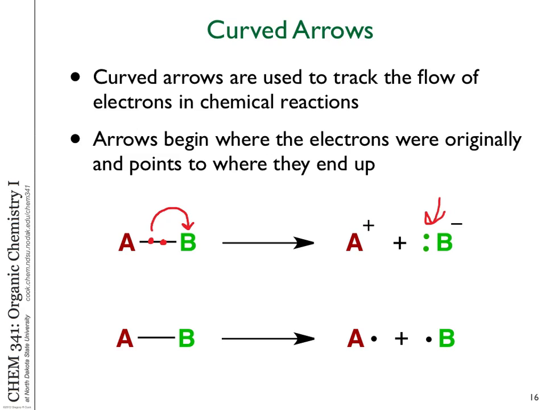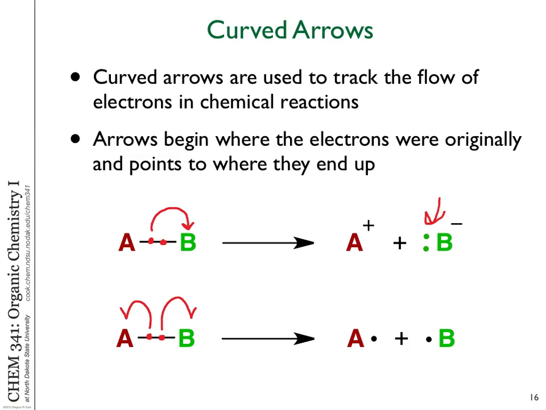And that is to use an arrow, which I think your book refers to as a fishhook arrow, or a half-headed arrow. So if we have a covalent bond where there are two electrons in it, one of those electrons flows to B, so I'll draw it with just half an arrowhead. Looks like a fishhook. And the other electron flows to A. All right, that's the way to represent the electrons and how they're changing in this reaction.